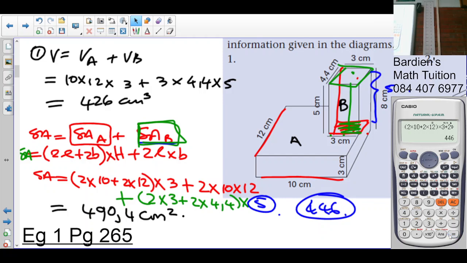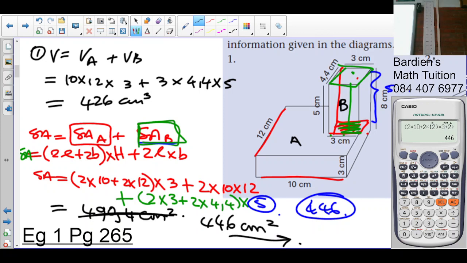Here we go. Sorry about that. The answer is 446 centimeters. I used 8 instead of 5. Whilst 8 is the whole length from top to the bottom. Okay. Sorry about that.